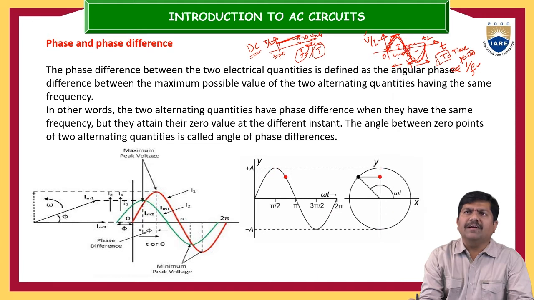At t equal to t1, that quantity reaches 0. Then from t1 onwards, it increases negatively, reaching a negative peak. Increasing the time further on the x-axis, it goes back to 0. So like this, the alternating quantity is varying its value.